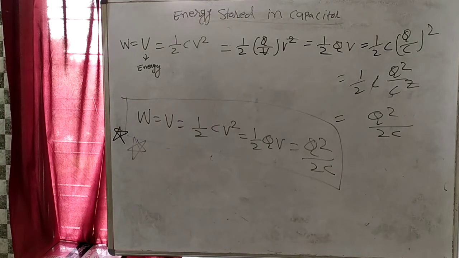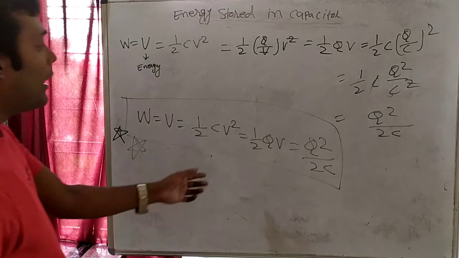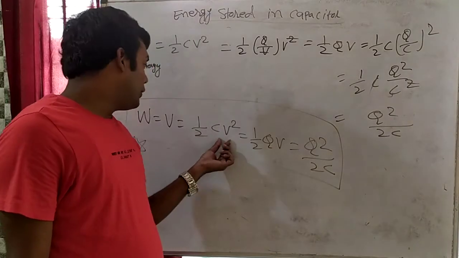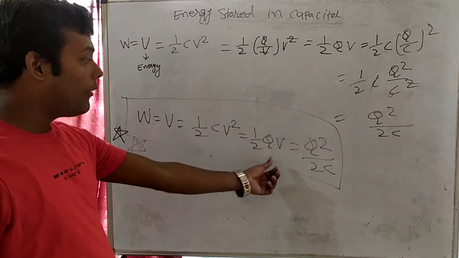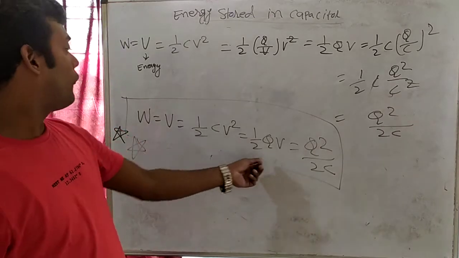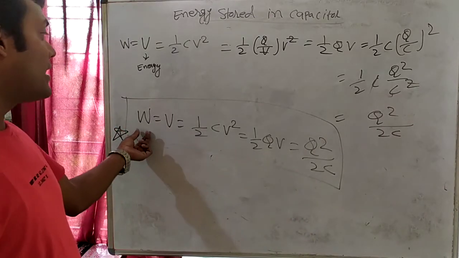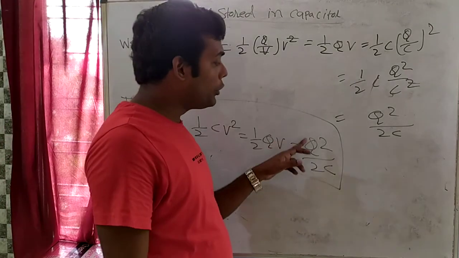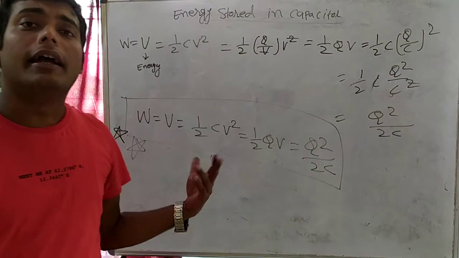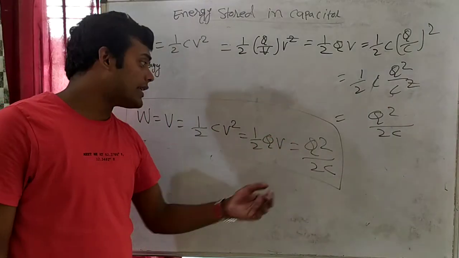Is it clear? If they give you capacitance and potential, you can calculate how much energy is stored using this formula. If they give you charge and potential, then also we can calculate how much energy is stored in the capacitor using half QV. If they give you Q and C, then also we can calculate energy. So we will check which thing they are giving.